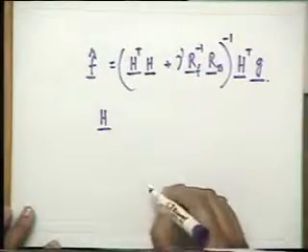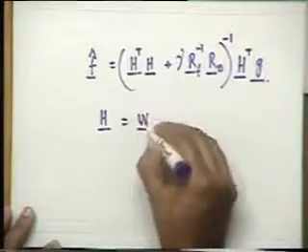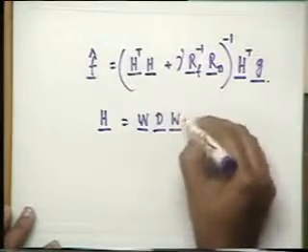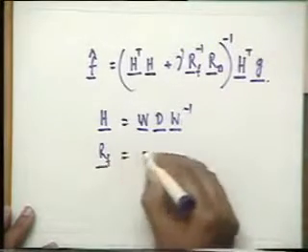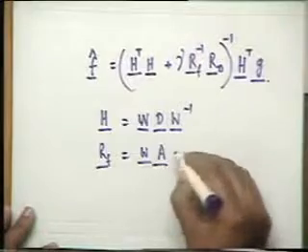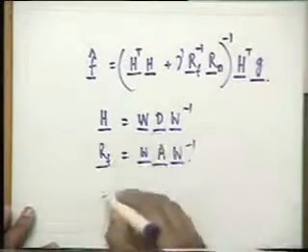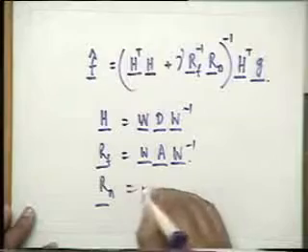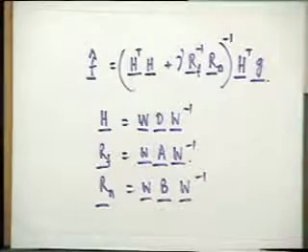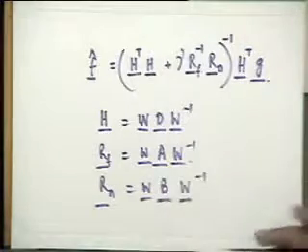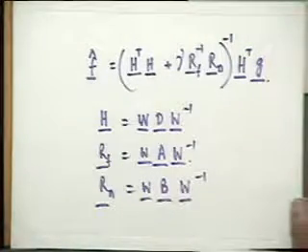You remember what our H was? H was equal to W D W inverse. In place of RF, substitute W A W inverse. In place of Rn, substitute W B W inverse. Substitute this and do all the well-known matrix manipulations.